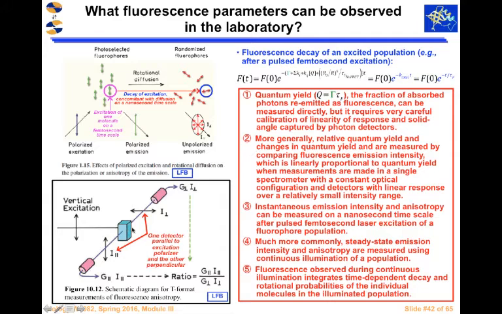When we do a continuous illumination experiment, we basically have a steady state where there's a balance between ongoing excitation and ongoing decay and fluorescent emission. And so over the time of continuous illumination, we will rapidly achieve a steady state where there is a constant rate of excitation and a constant rate of fluorescence emission.